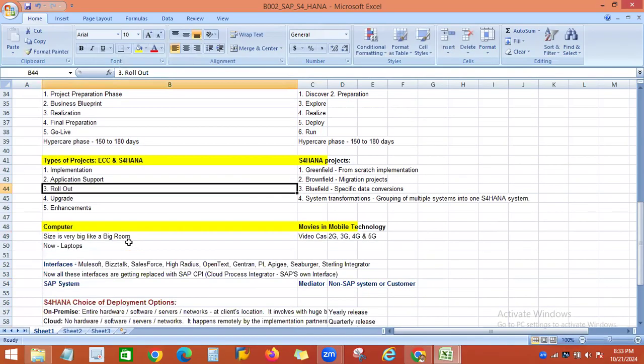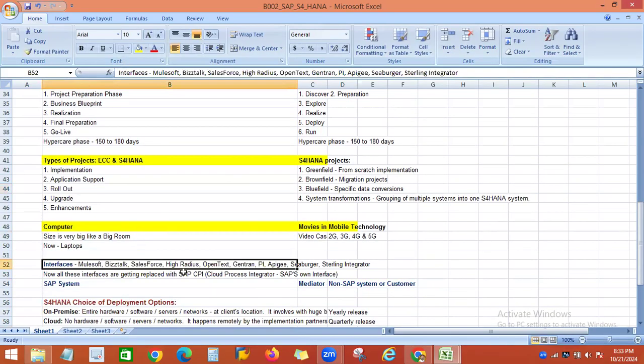And guys, one more thing regarding interfaces. To communicate SAP with other applications, we require interfaces.